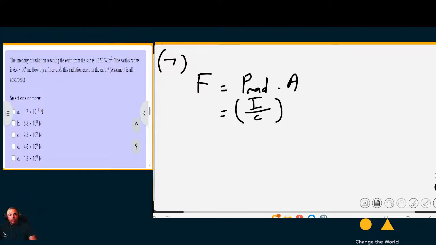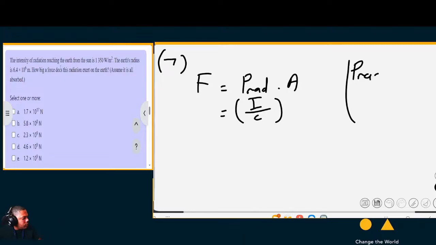Remember earlier on, how did I calculate the radiation pressure? It was in one of my problems here. I calculated the radiation pressure as 2I over c. That's for a perfectly reflecting sphere. Let me just write it here in the margins.